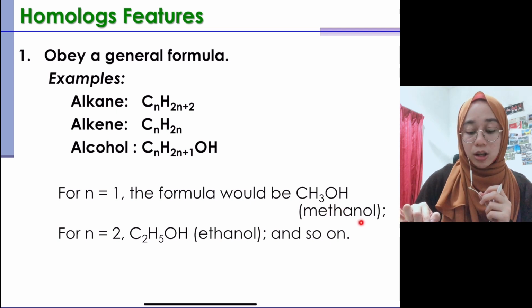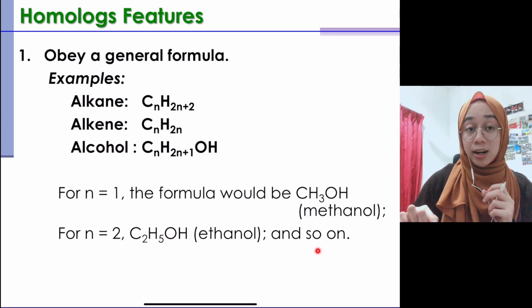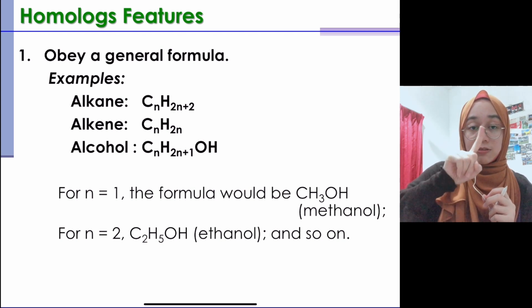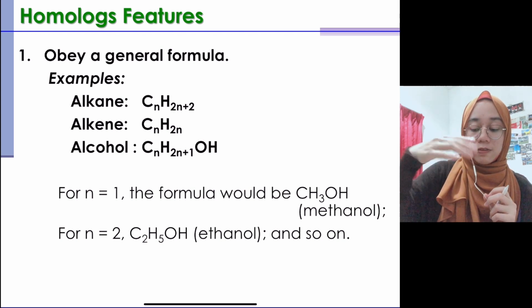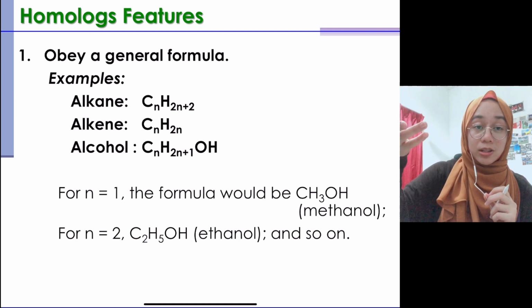Itu adalah methanol. Okay, and then kalau untuk kita letak pula n equals to 2, kamu akan dapat C2H5OH. Itu adalah ethanol, and so on. Okay, so make sure dia obey the same general formula. Okay, so if they have the same general formula, bermaksud there might be possibility dia adalah homologs lah.